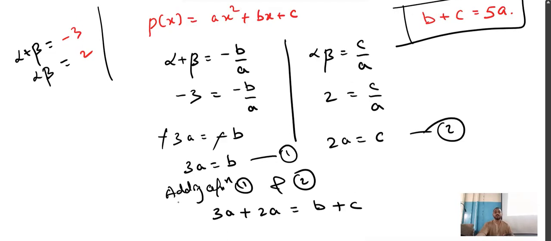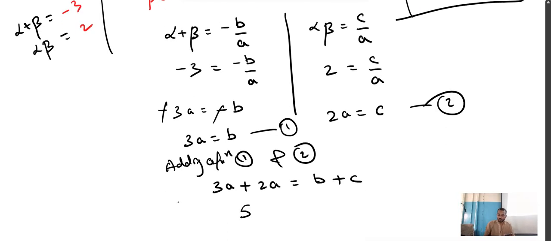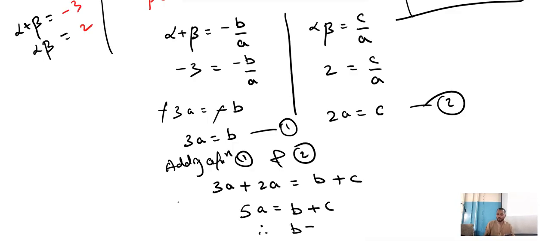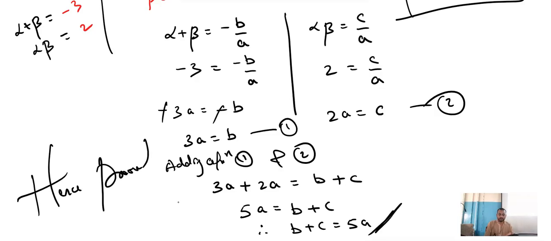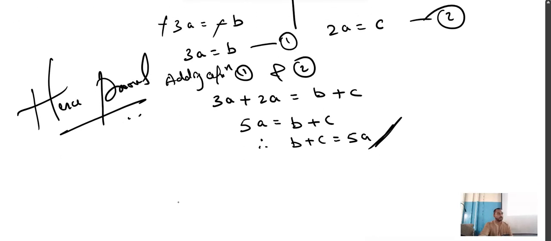What is 3a plus 2a? 5a is equals to b plus c. Therefore, we have proved b plus c is equals to 5a. That's it. Any doubts? Understood how to prove? Good. Next problem.